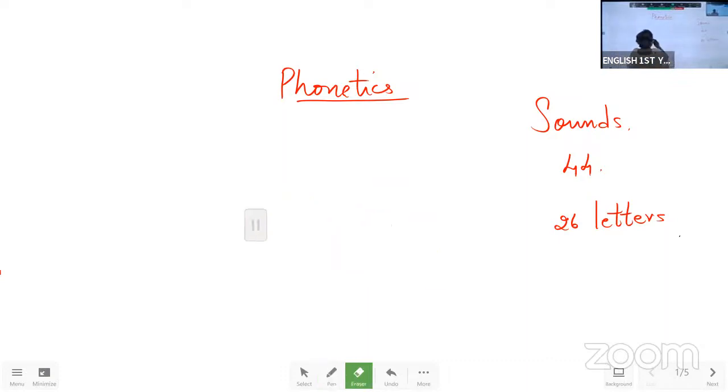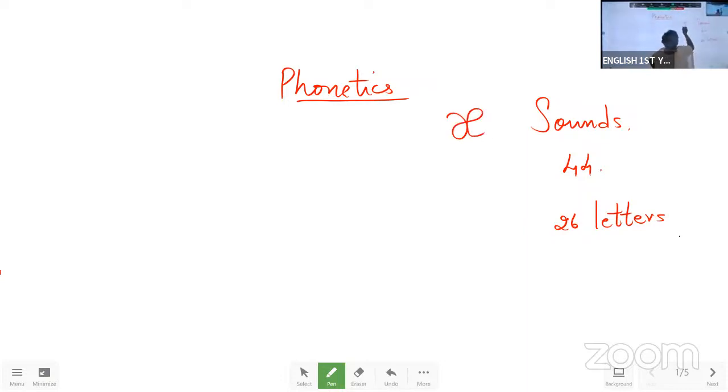It was originally in schools that we concentrated on British English. The British left, and we continued learning the British way of speaking English. Now with the coming of lots of American companies, we have started concentrating on the American way of speaking. Anyway, coming back to phonetics, it stands for phonemes, which means sounds.